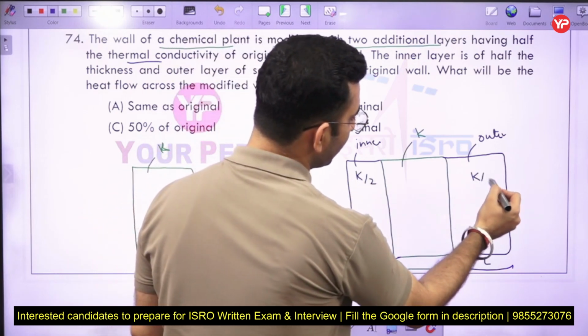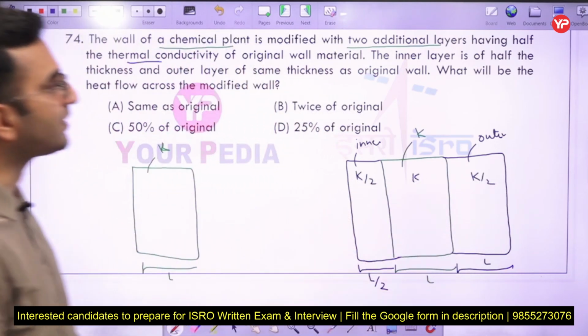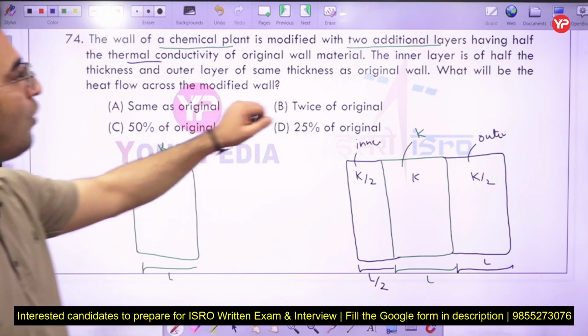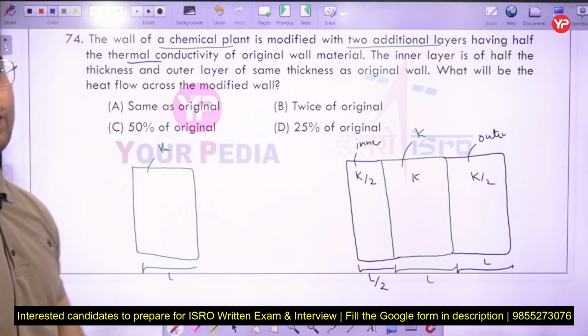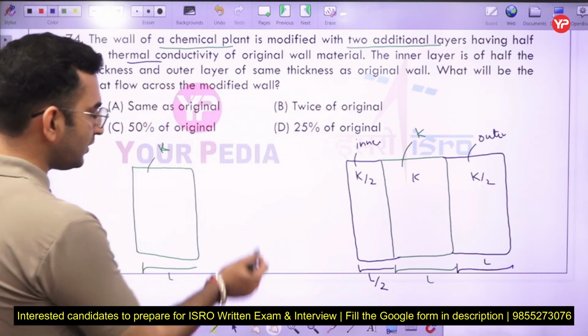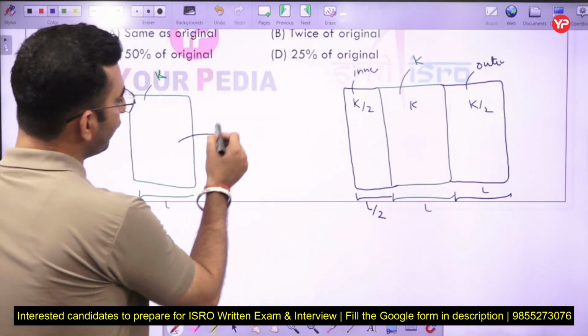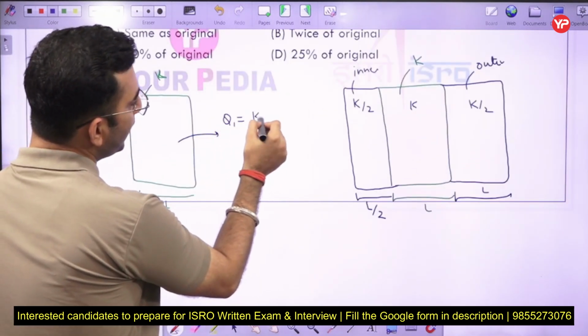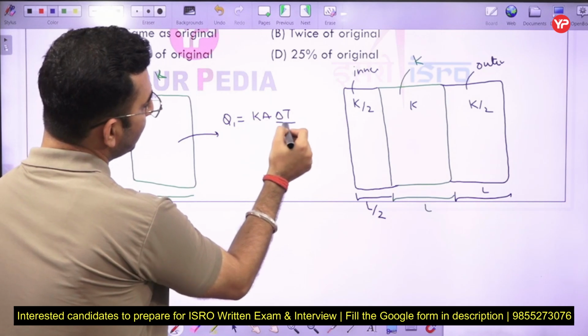And the center one has K. Now what will be the heat flow across the modified wall? First of all, calculate the heat flow in this case. It will be equal to Ka delta T by L.